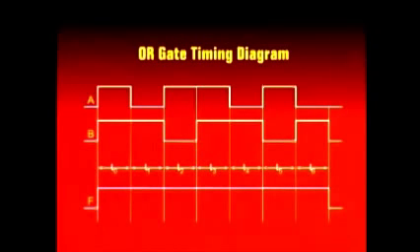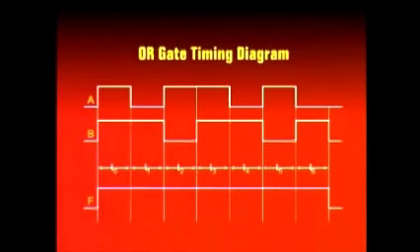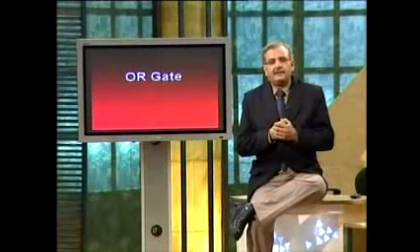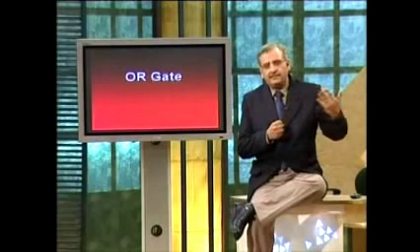Similarly, if you look at intervals t3, t4, t5 and t6, in these 4 intervals, either both the inputs are logic 1 or only a single input is logic 1. For all these 4 cases, the output has to be a 1. We just looked at the timing diagram of a 2-input OR gate and we observed the inputs and the outputs for a time interval of 7, t0 से लेके t6 तक.